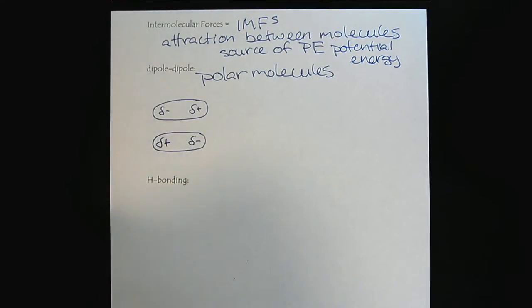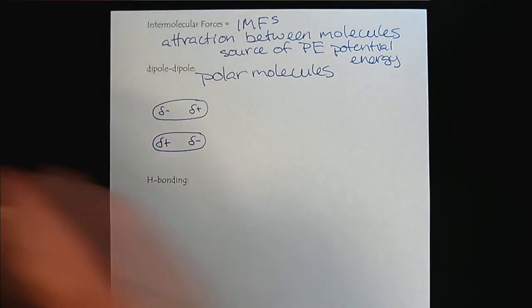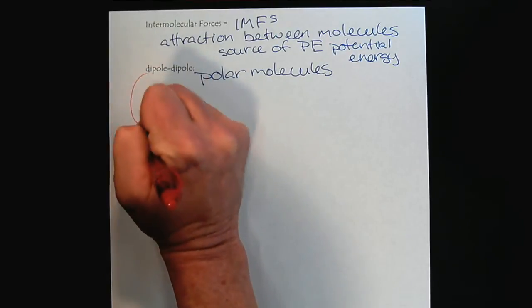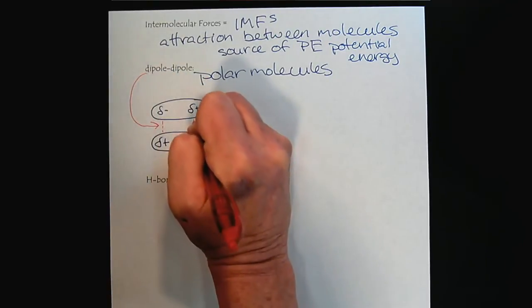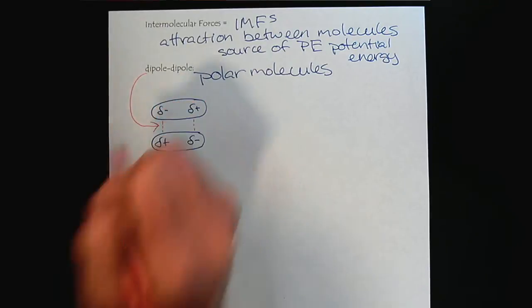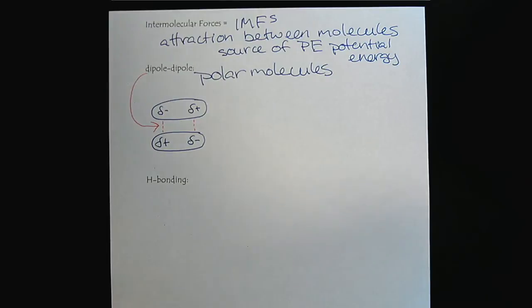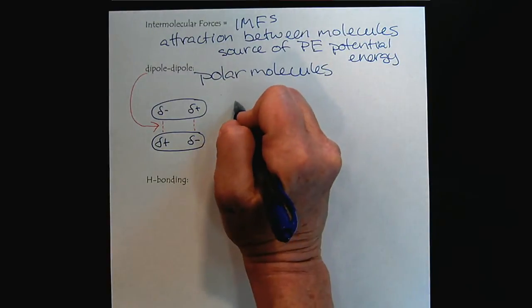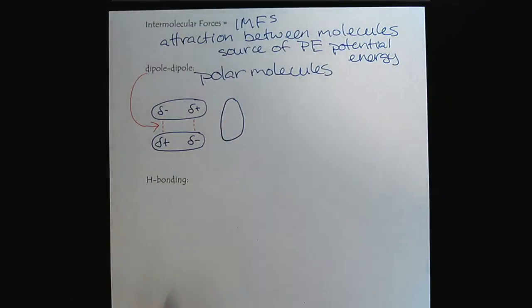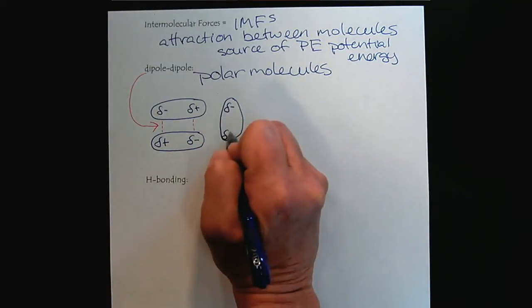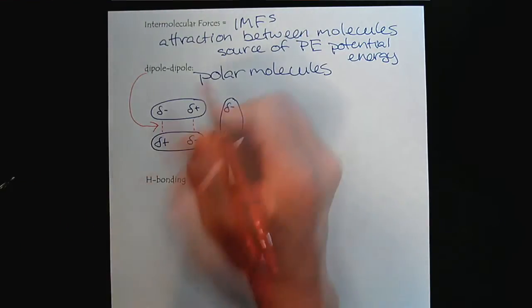Now, the dipole-dipole IMF is this attraction right here between the two molecules. All right, so it's a constant attraction. If I drew in a third molecule, you could imagine how it would orient: its partial negative would come in and align opposite the partial positive.